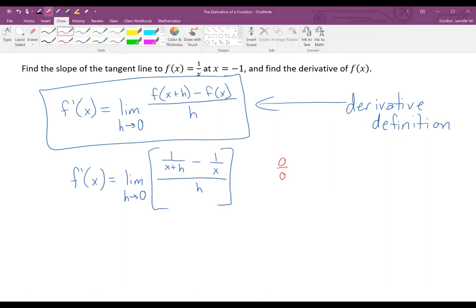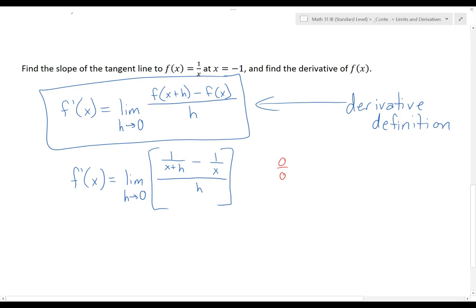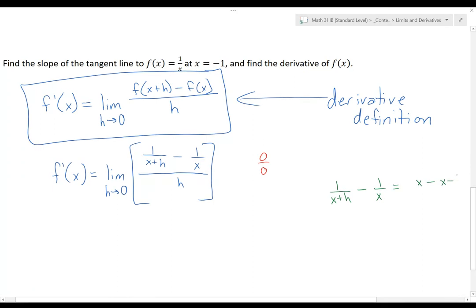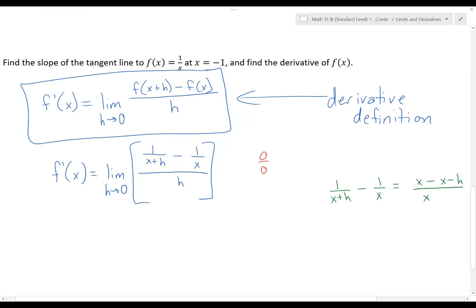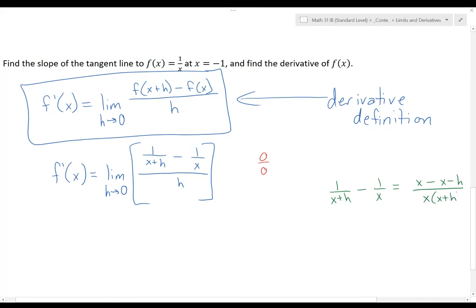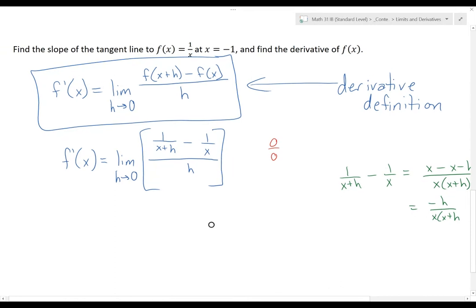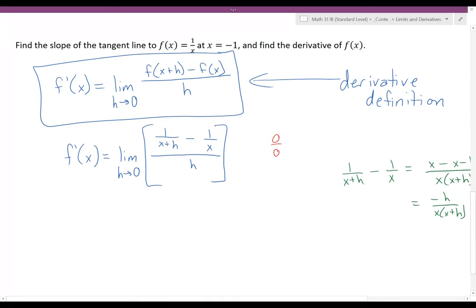What I'm going to do in this case, off to the side here, is some manipulations so I don't have to keep writing the limit definition. I'm going to change these so that they actually do have the same denominator. So I've got x minus x plus h over x times x plus h, which is negative h over x times x plus h. So that is the numerator that I have in this limit.